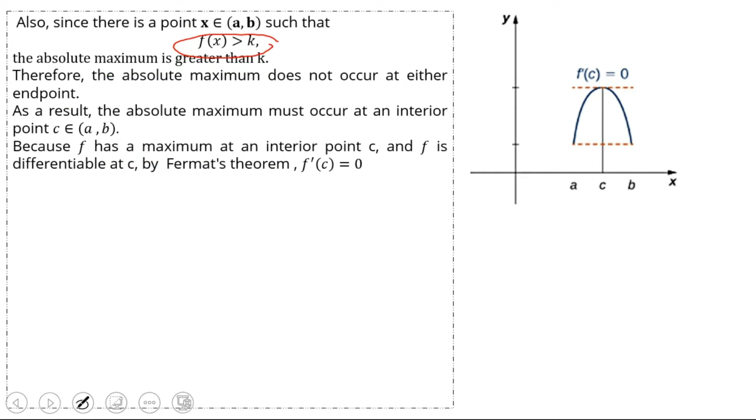Here we say x is equal to c. This means at this point we will have an absolute maximum, and at this point the derivative of the function is 0.